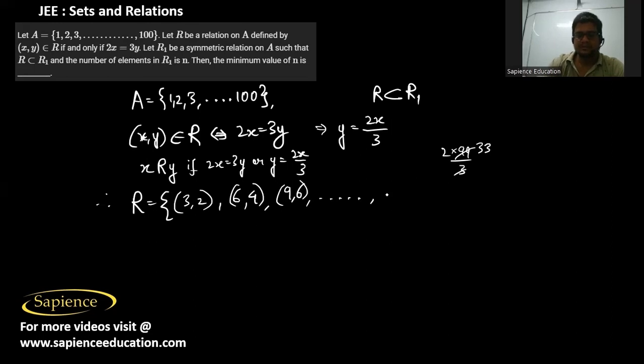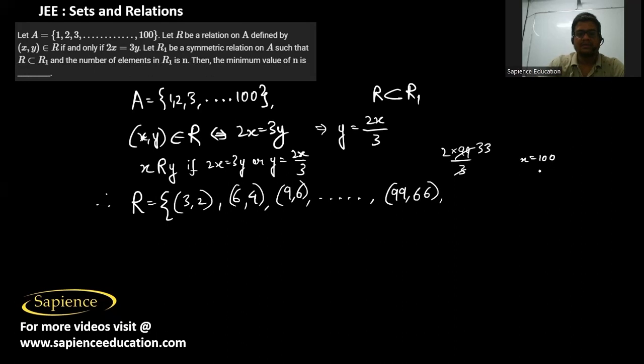So it will go till (99, 66). And if we take x as 100, x we cannot.